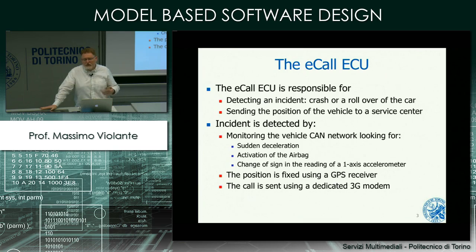This is something that you provide when you register for the eCall service. Then, in the case of very advanced systems, you can have the actual information about how many people are in the car. You can have information about particular diseases of the people who normally use this car.